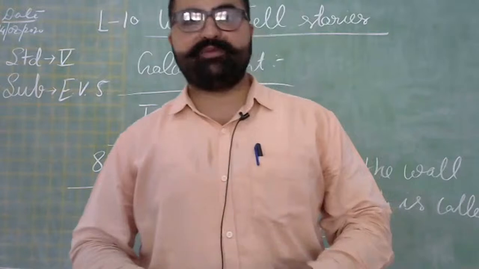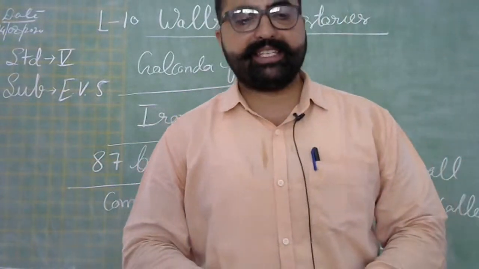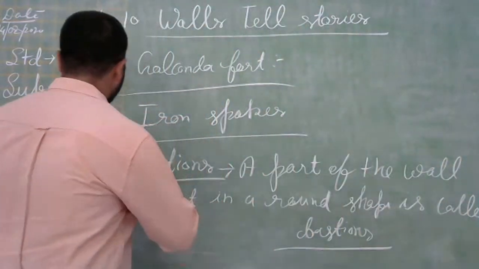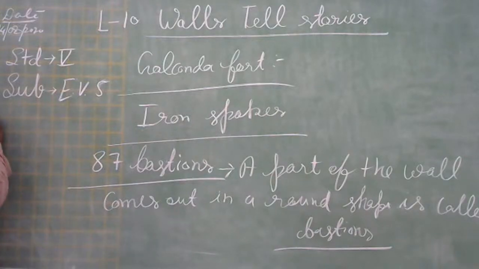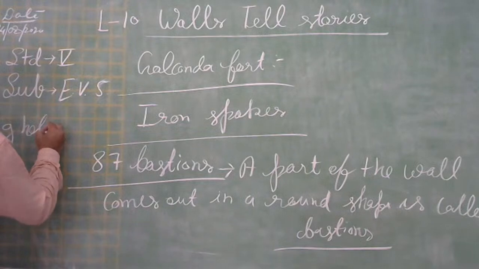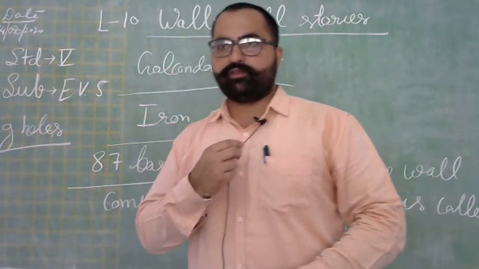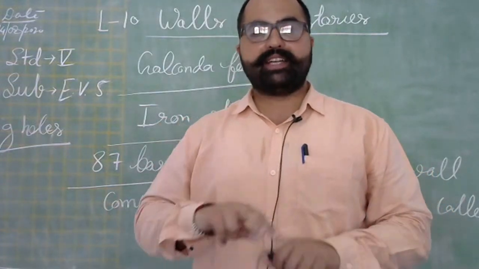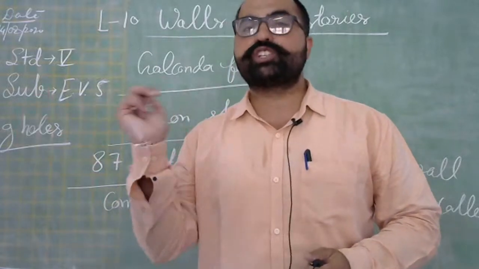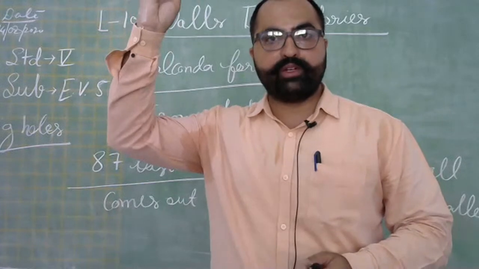You can see on the second page, it is clearly mentioned, that is big holes. Let me write here. A bastion was covered like a room, a part of the wall that comes out in a round shape. It looks like a room and it has a roof.